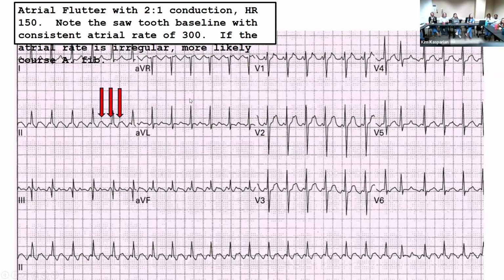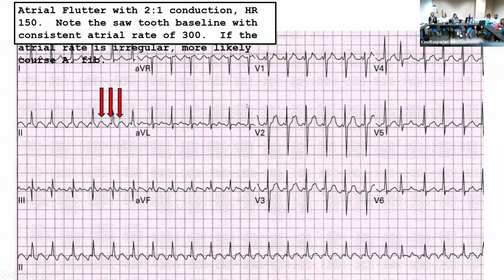And what's really important for identifying atrial flutter is that your atrial rate should be around 300. So if you're really not sure, you can march out those waves and you'll see that there's one large box between those, right? So that tells you that atrial rate is right at about 300, which is pretty consistent across atrial flutter.